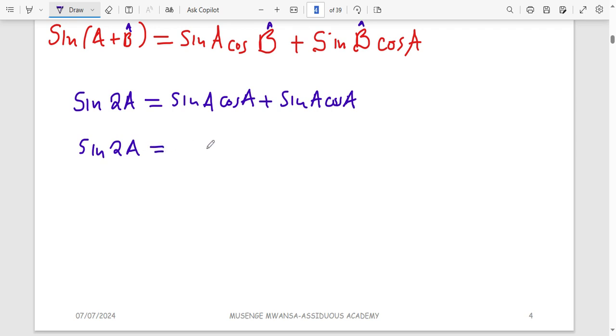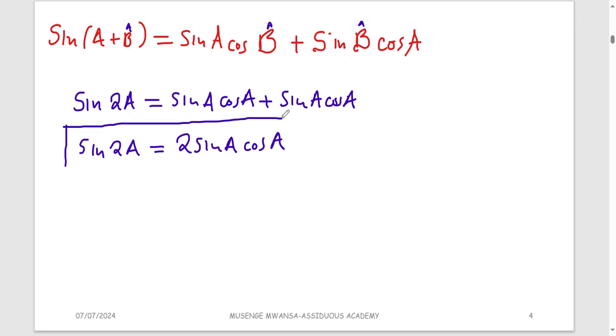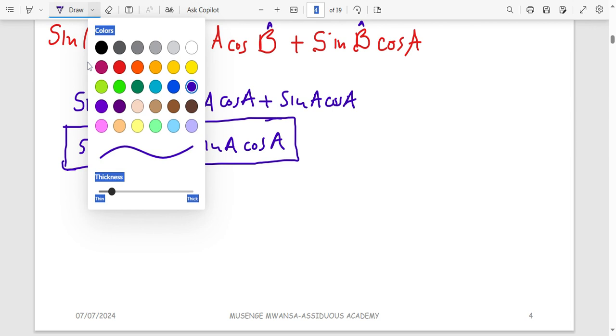So sine A cos A plus sine A cos A is 2 sine A cos A. I don't want you to forget this identity. Never you forget this identity. If you remember, when we were deriving one equation for projectile motion, we used this identity. Okay? So here, don't forget that.